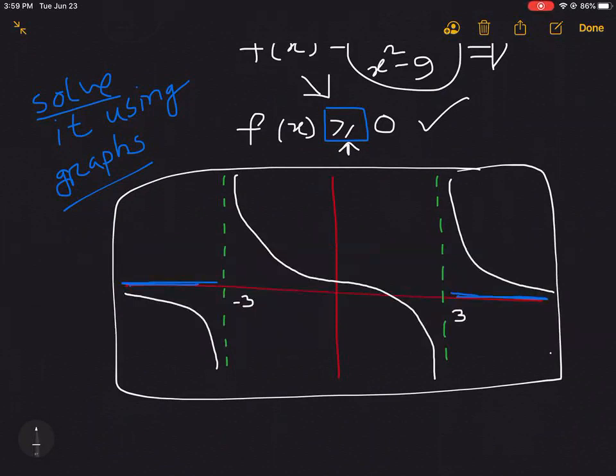No, that's not the right answer. Think a little bit differently. You're walking in the right direction, but not quite. Negative 3 to 0, 3 to infinity. Yeah, very good.